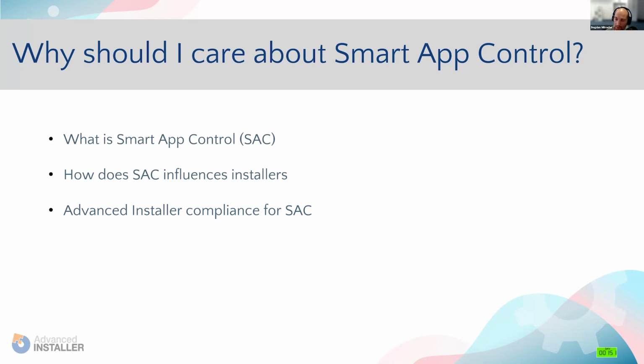So I think we started preparations and tests last summer. I don't know exactly when it was a preview release of Smart App Control, because time flies. But the first thing that we hit was we had issues with open source components that we were introducing in Advanced Installer. And at the time, we weren't digitally signing those because we just never had that problem before.